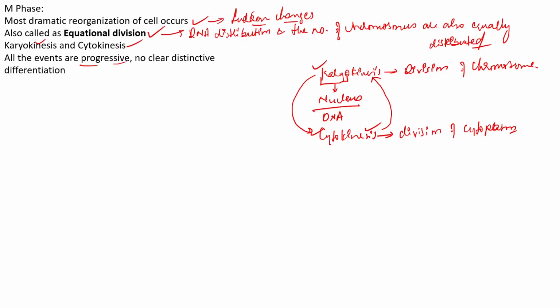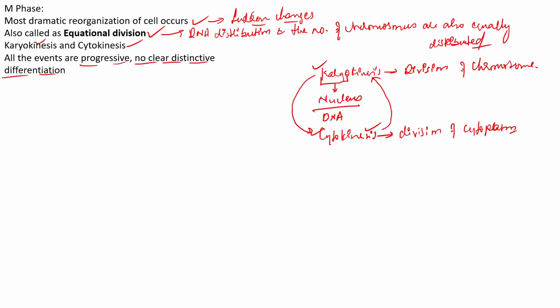They are serially occurring events. But interestingly, this categorization is mainly meant for our study, and that is never the case in the actual process. There is no clear-cut distinction between the events occurring in the M phase. It just goes on occurring. We have to remember this point.